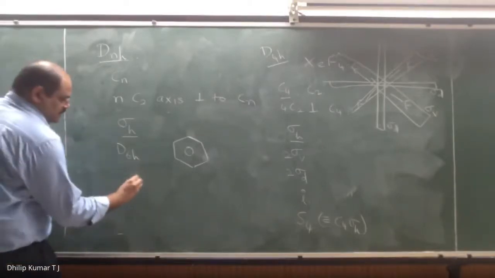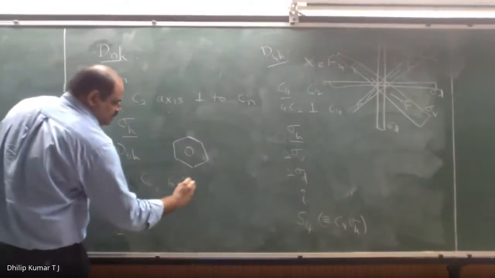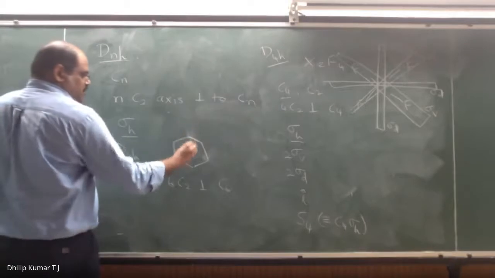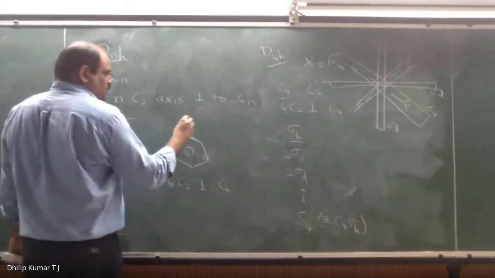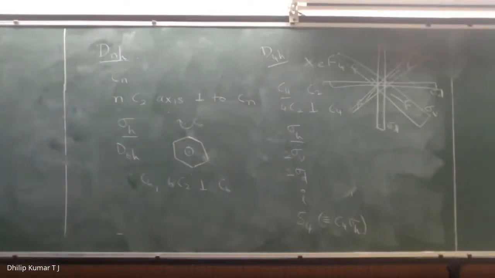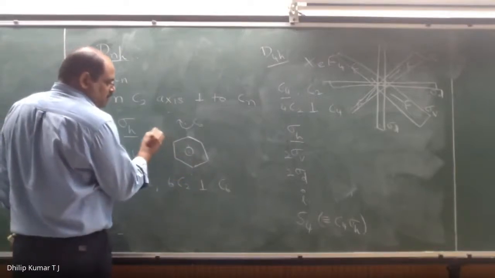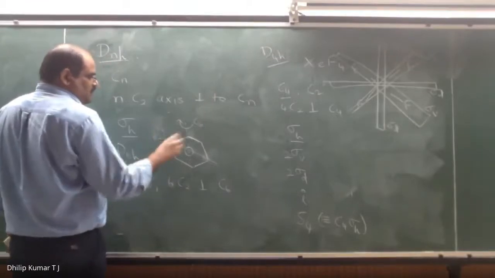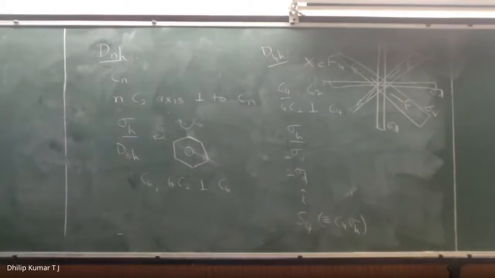This is C6, with 6 times C2 perpendicular to C6. I can draw a dotted line, a line passing through this ring, that is C6. And then 6 times C2. Basically, for every carbon you can pass a C2 axis.